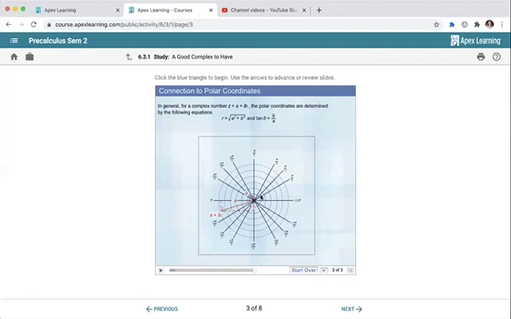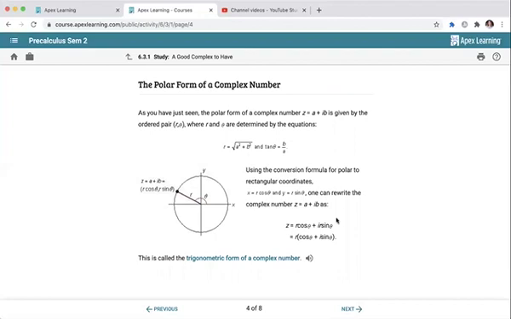It doesn't matter where it is, depending on the values that we get, it's going to be this general form here. So then moving forward here, the polar form of a complex number.